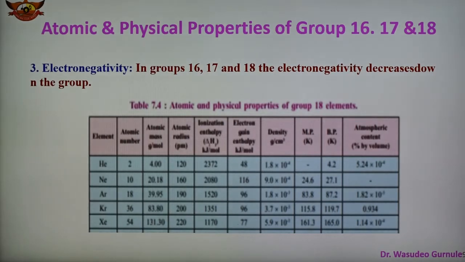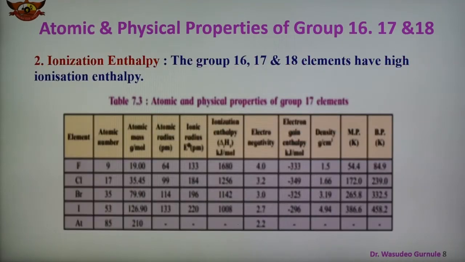So value decreases, and as we know, ionization enthalpy, the second property, is also known as ionization energy. This is the amount of energy required to remove an electron from the outermost shell.